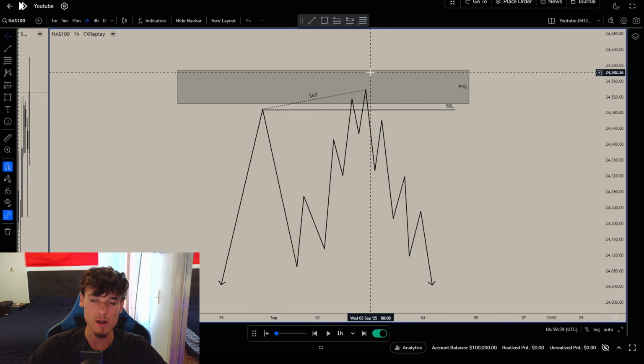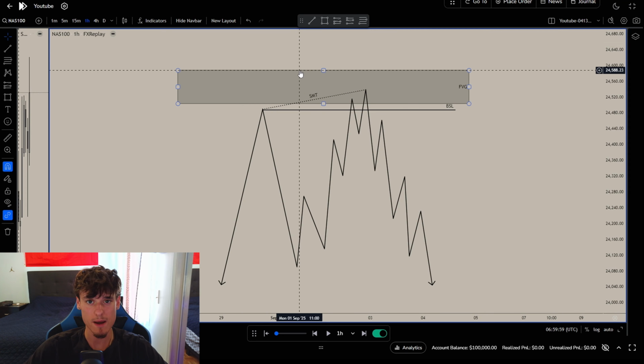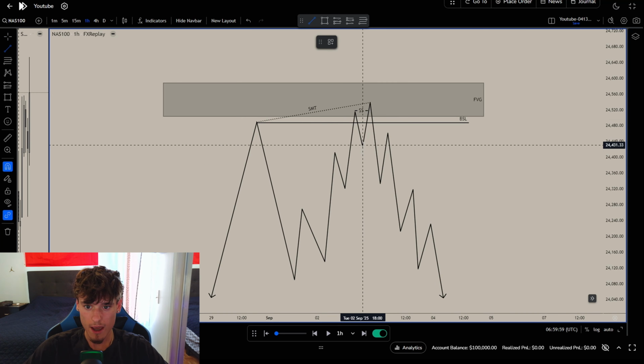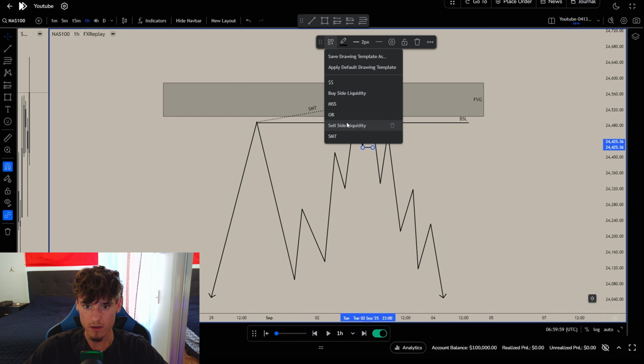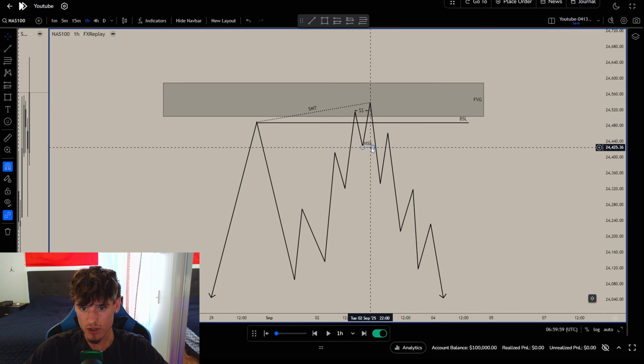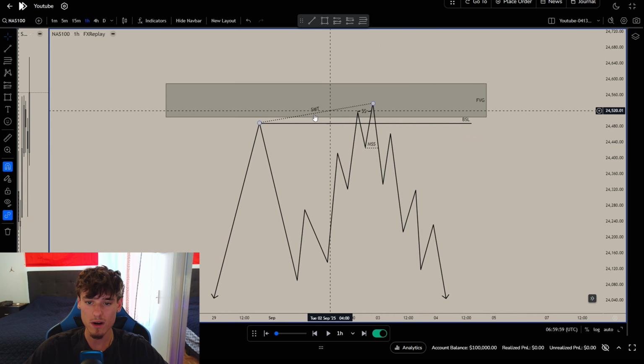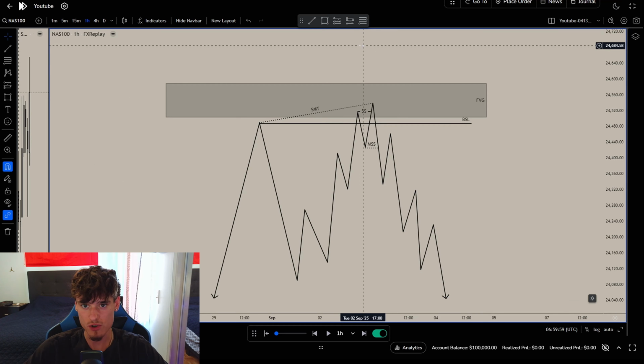So what do we do now? We go down to the 1 minute time frame. From the 1 minute, what you want to look for is a manipulation leg and a market structure shift. The second you see that market structure shift get put in place, automatically you know that we're confirming that reversal trend.